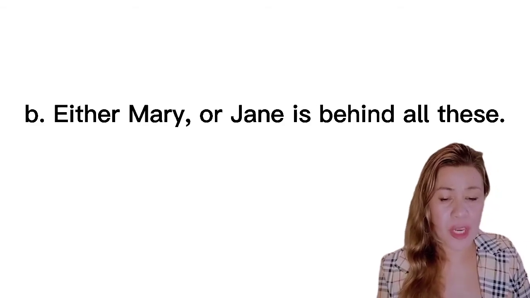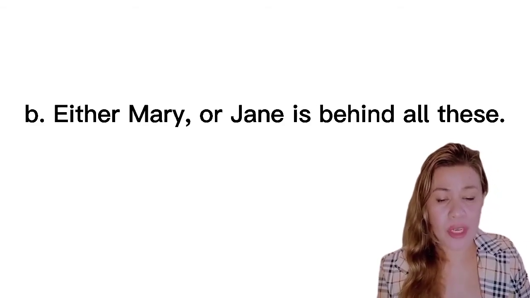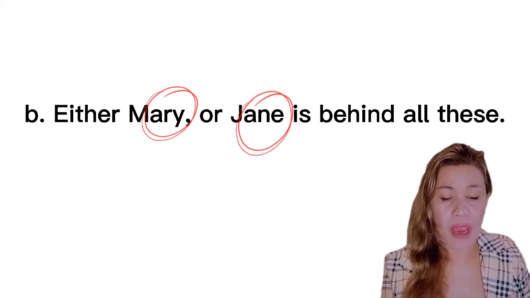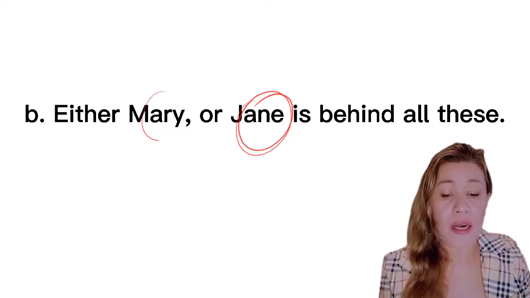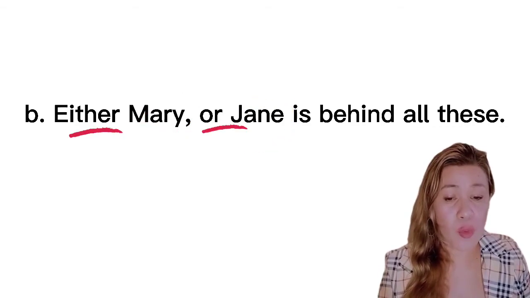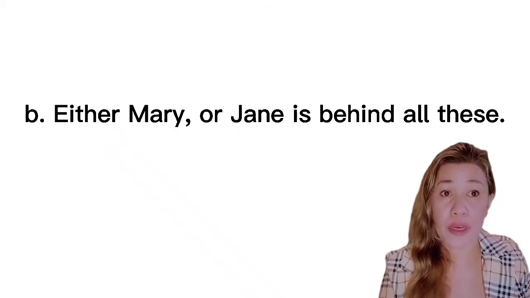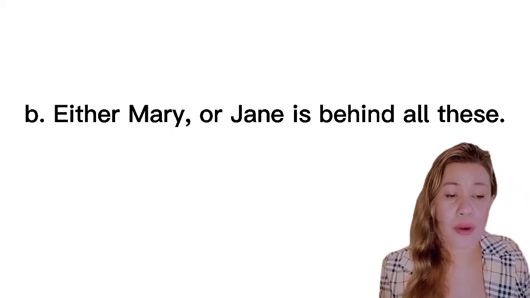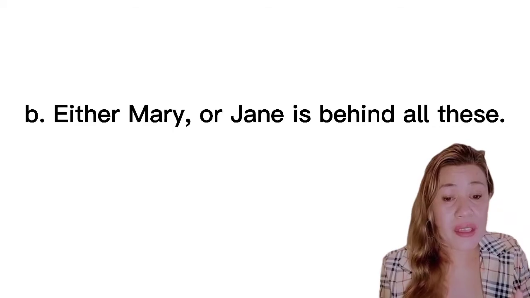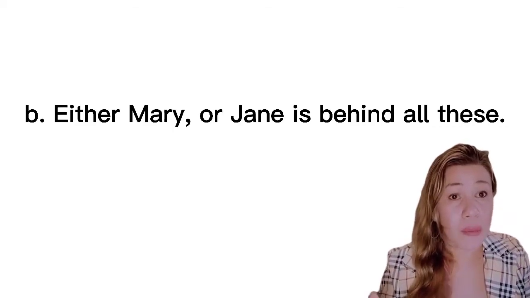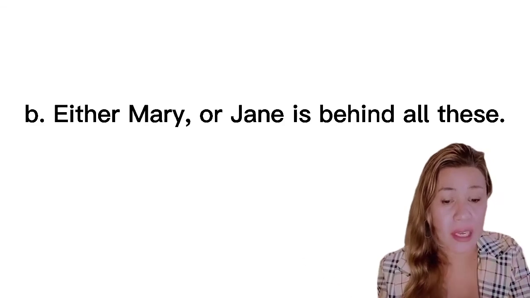Again, let's identify our subjects. So we have two subjects here, Mary and Jane. However, these two subjects are joined by either or, which is one of the connectors in our rule number 5. So, again, if you have connectors like or, nor, either or, neither nor, those words that they connect, if they are both singular, will be taken singularly.